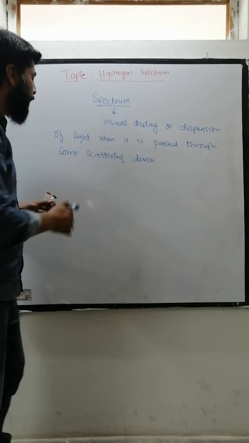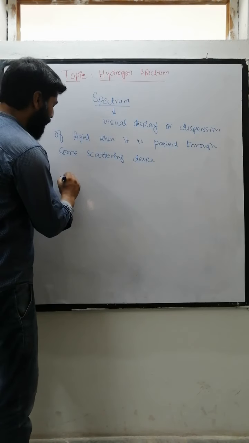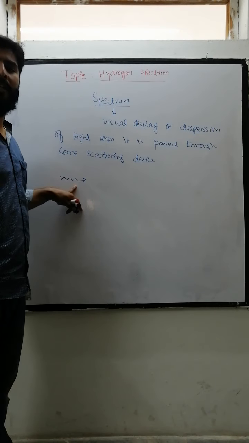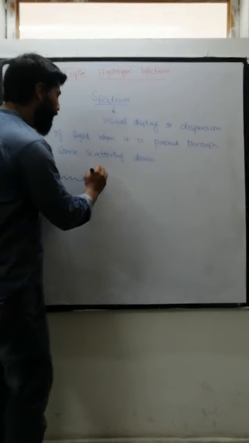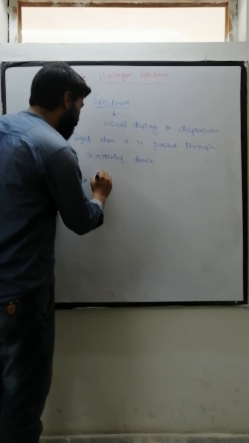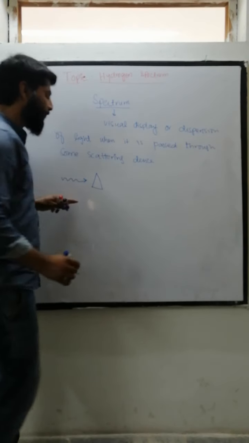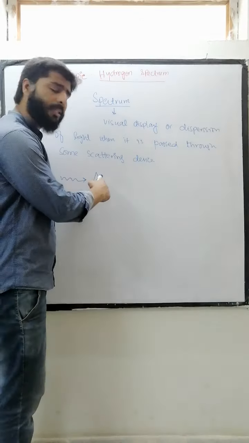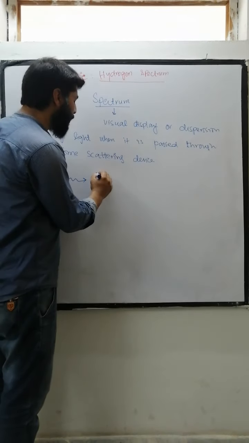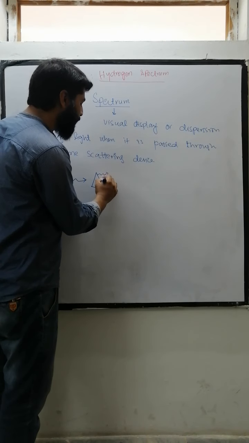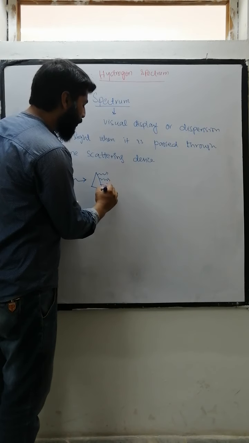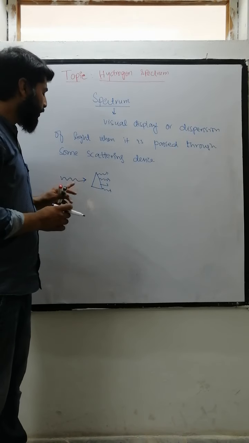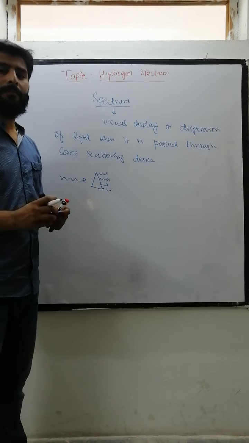For example, if we have a white light and it is passed through the prism, it will be scattered into different wavelengths depending upon the energy and wavelength of these lights.